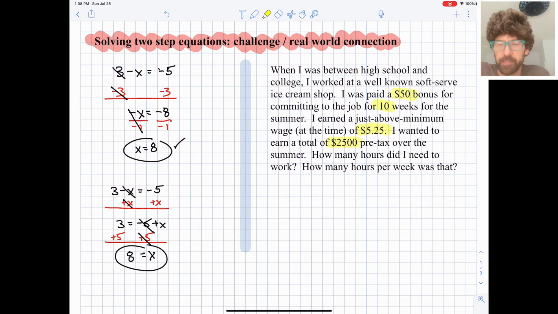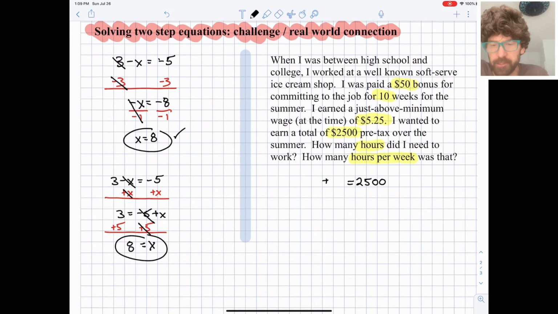It looks like I have a couple questions. How many hours did I need to work? And how many hours per week was that? Okay, so let's try to get this into a mathematical sentence. I want my total to equal 2,500, and I'm going to be adding on a plus 50.